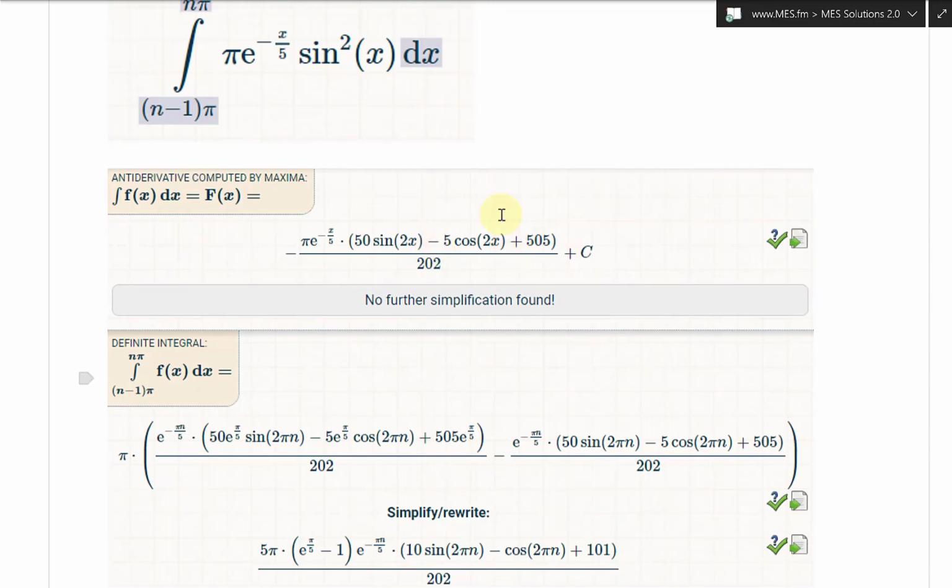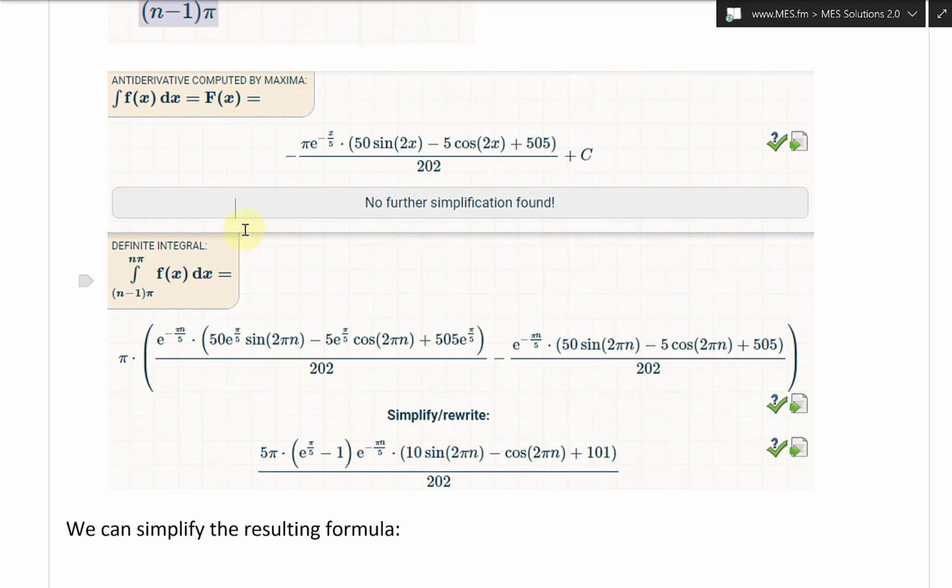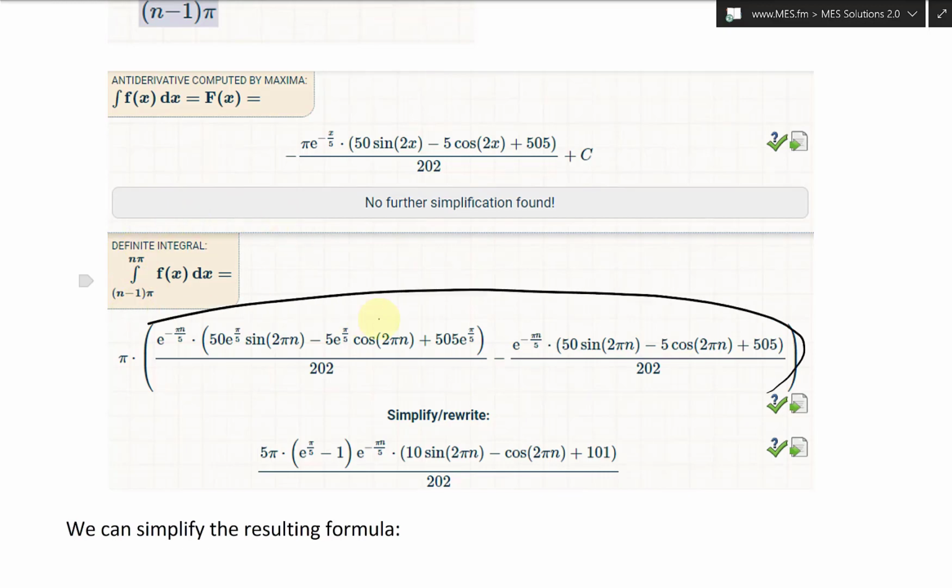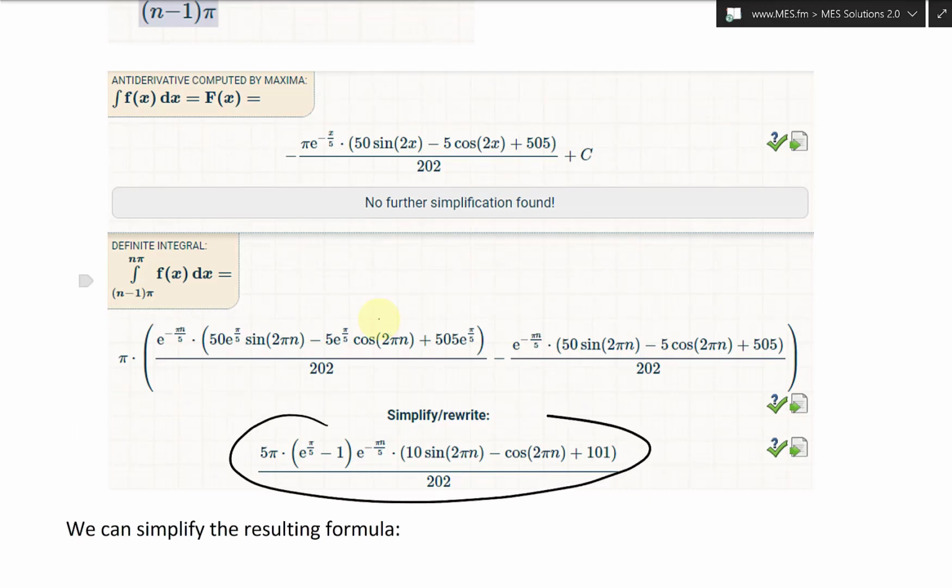This is just the indefinite integral or antiderivative. And now if you want the definite one, we plug in this n minus 1 pi and this n pi, we get this right here, and then plug this inside and subtract it from the bottom one. We get this whole setup, and then this simplifies down into this giant one.